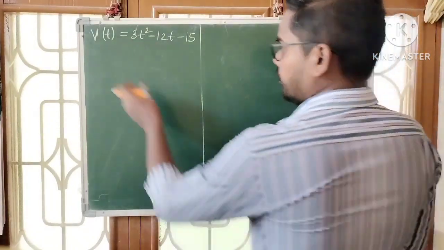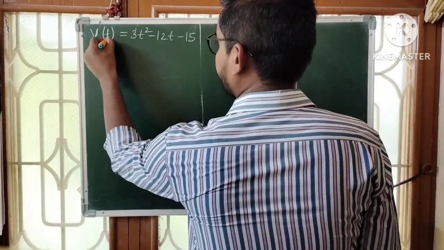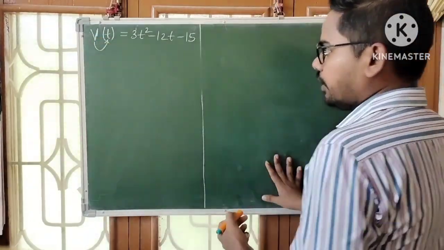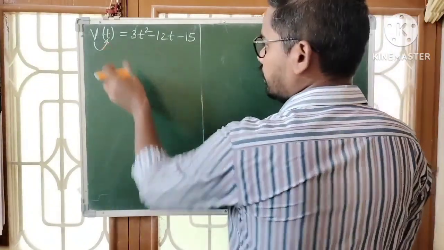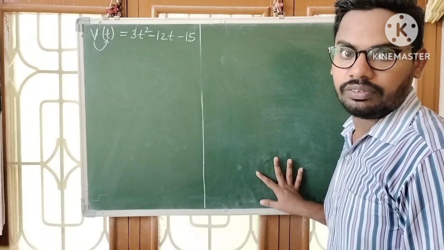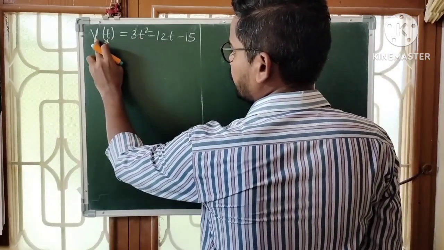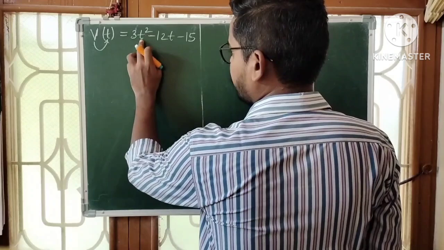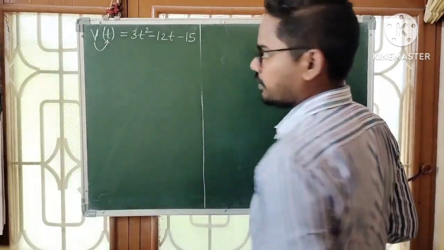Now we need the time at which the velocity of the given particle is 0. It means for what values of t this velocity becomes 0.